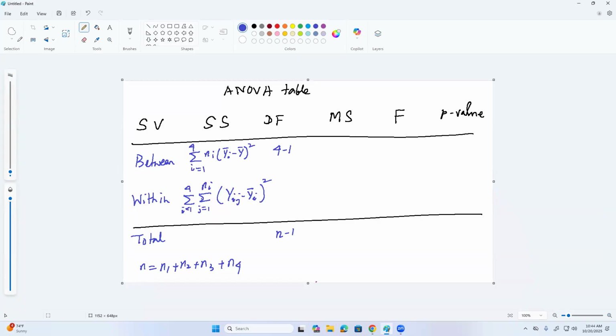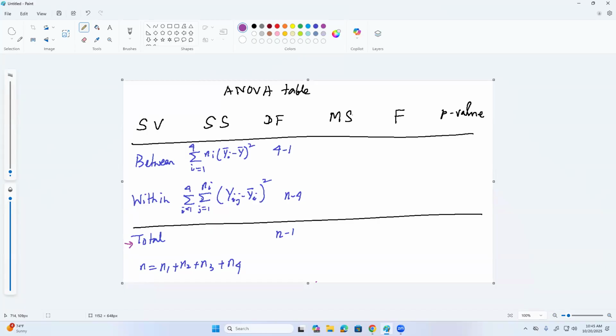And the total is n minus 1. You subtract 4 minus 1 from n minus 1, and that is your within degrees of freedom. This is very easy. The bottom row always gives you the total, so if you know the bottom row and one of the 2 rows within the table, you can figure out the other row by just subtracting.